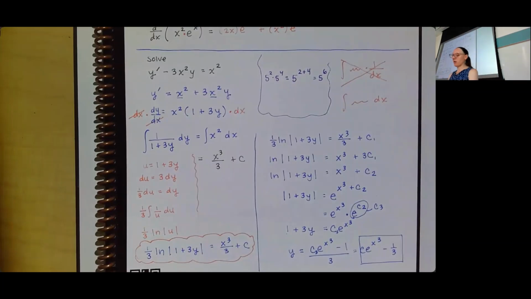And if that's as far as you got, you would get most of the points on the problem, right? However, we're usually looking for a solution that looks like y equals or x equals or w equals or t equals, right? Pick a letter equals, not something where they're all mixed up together.